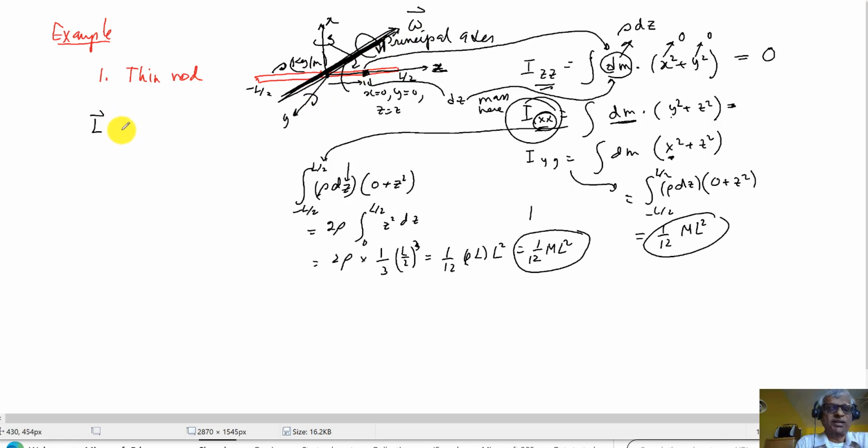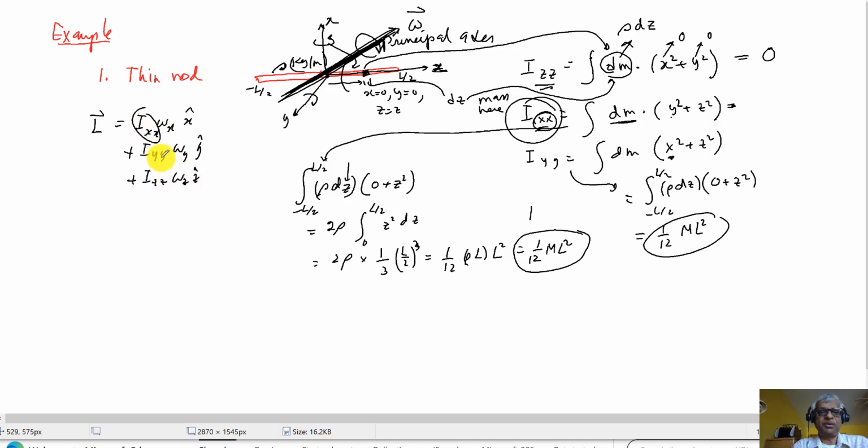So L will be I xx omega x x hat plus I yy omega y y hat plus I zz omega z z hat.